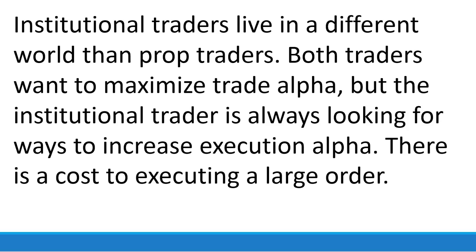It's 2 ticks, and 10 years is 31 and a quarter on 10,000 lots. That's $300,000 right there in slippage. So if there was a way that they could save on the execution, even if it's just by a half a tick, then they're going to want to do it. That's what execution alpha is.